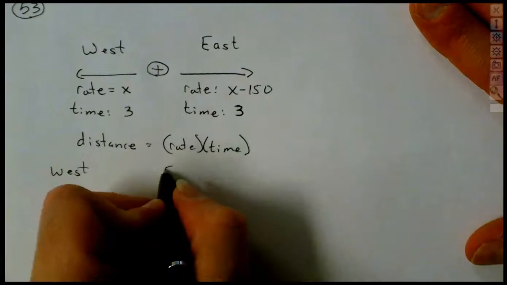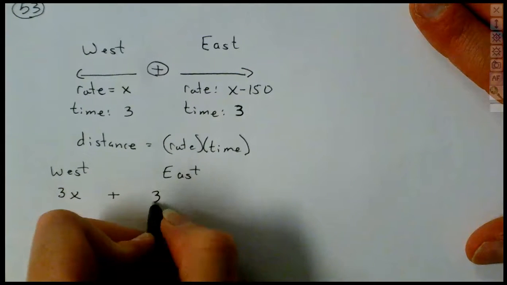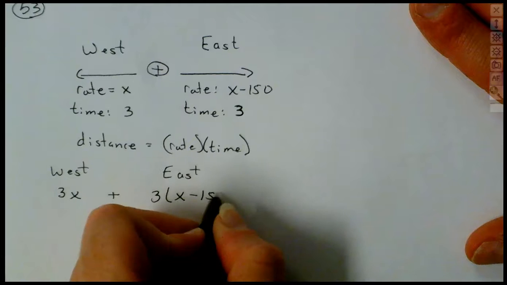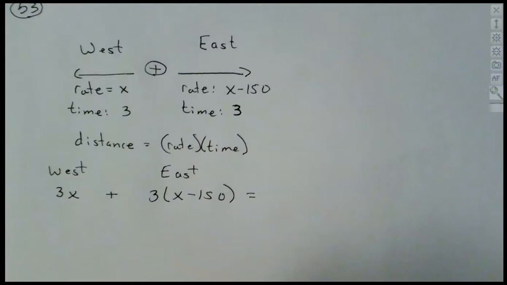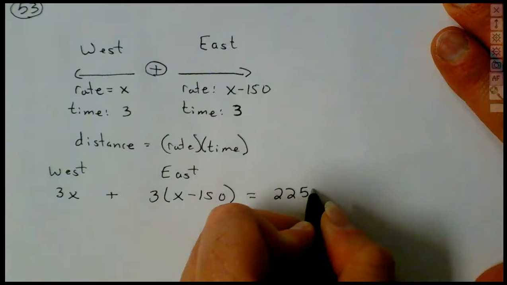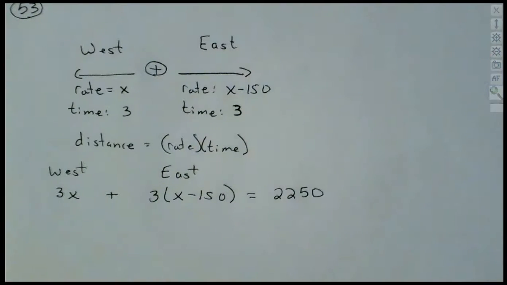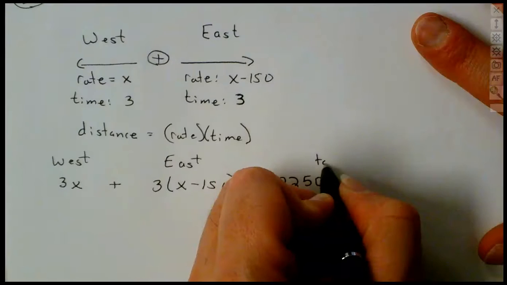And then we'll look at our eastern airplane. And it's 3 times x minus 150. And then we want them to be, reading our question here, 2,250 miles apart. So there's that. There's our equation. Because this is the total distance.